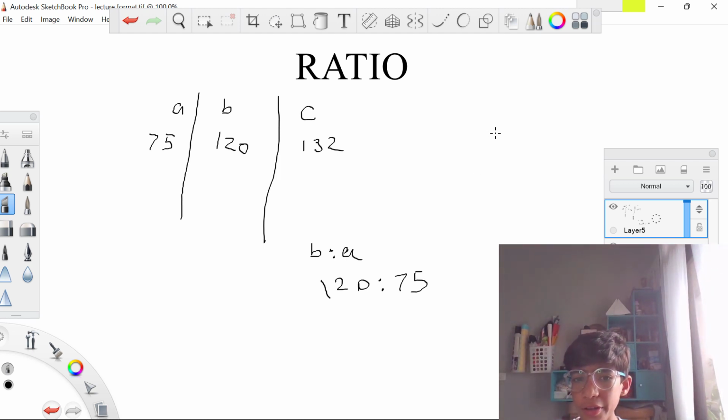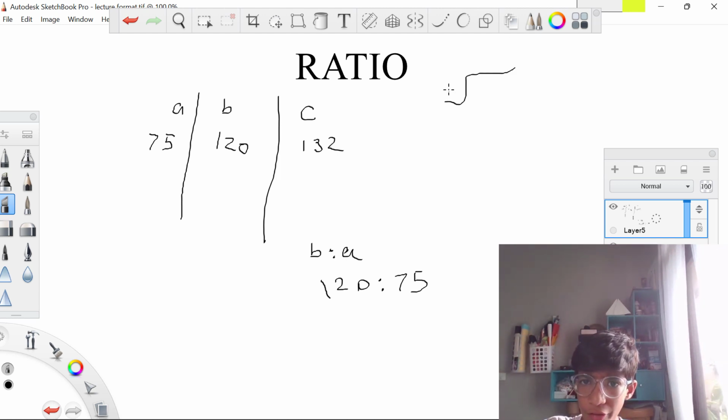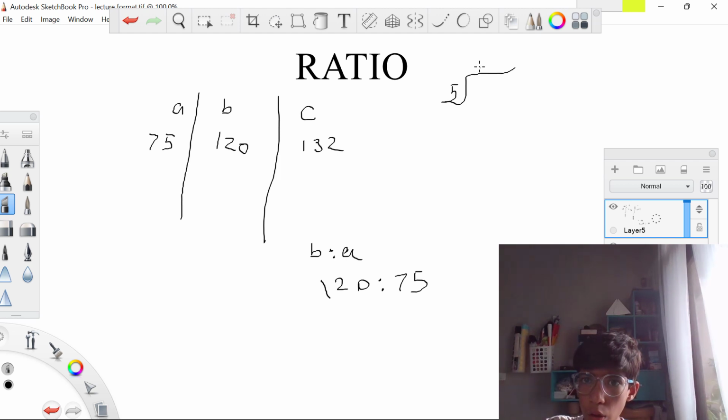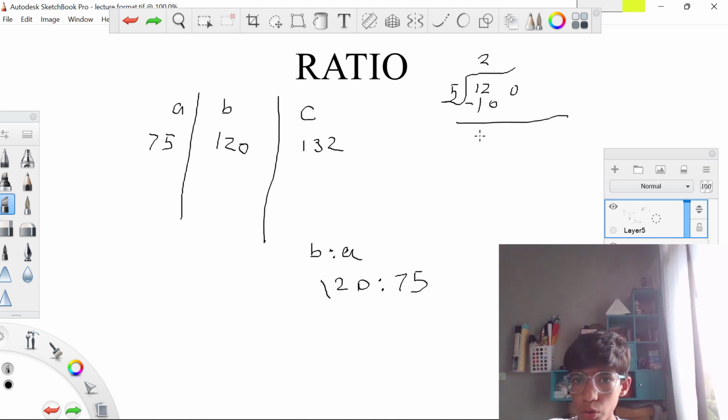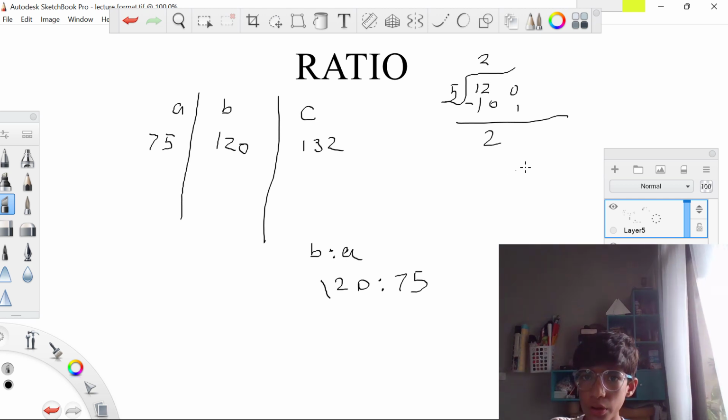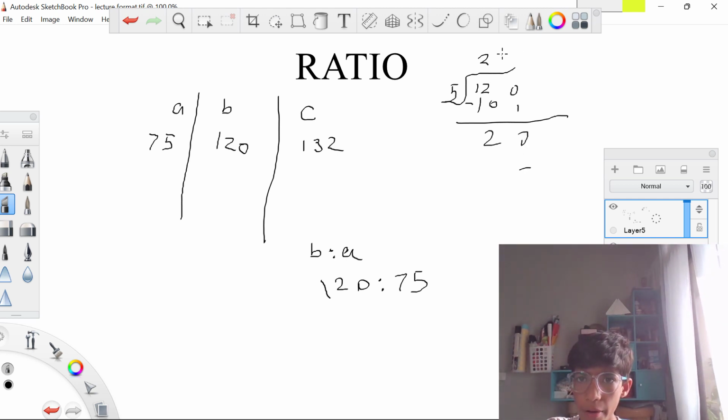Now we are going to divide 12 by 5. So 5, 120. 5 twos are 10, minus, 2 comes down, 0 also comes down, 20, and 5 fours are 20.